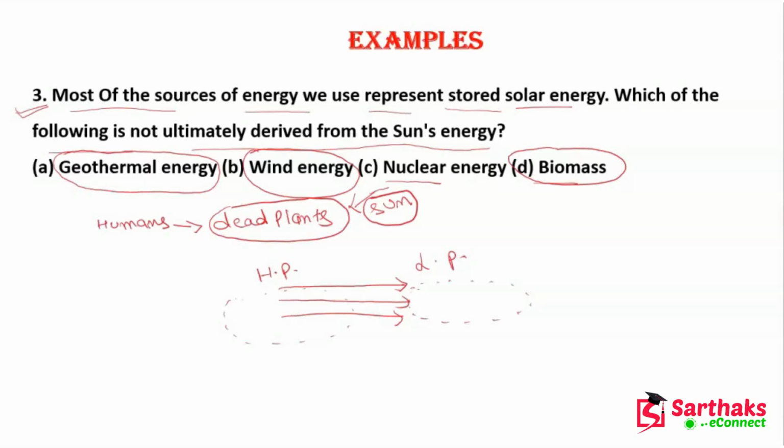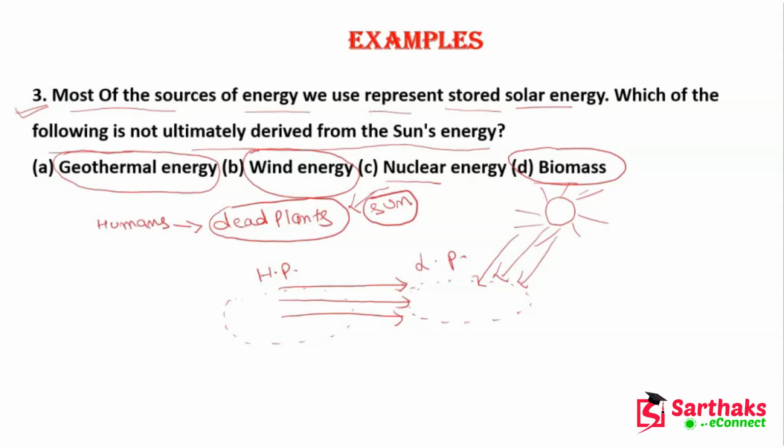Now guys, why is this low pressure area created? Here also the sun is responsible. The heat coming from the sun will increase the temperature of this region, and whenever the temperature increases, the air present here will move upward.